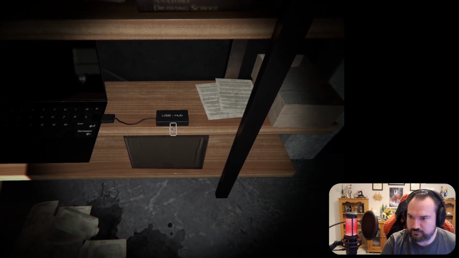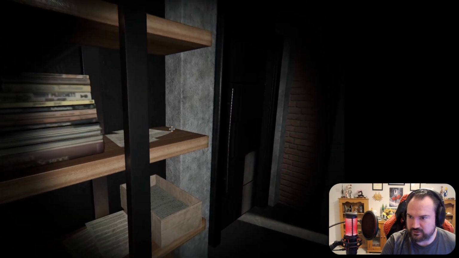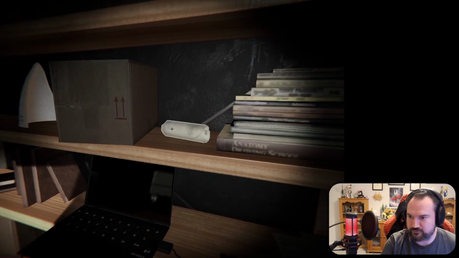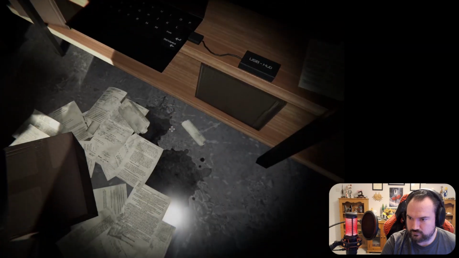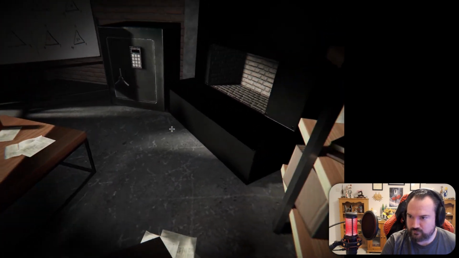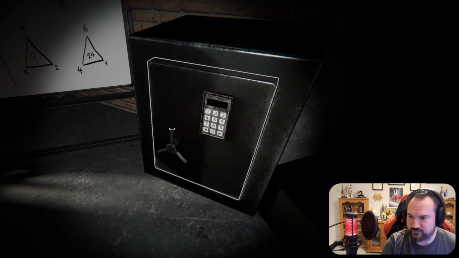We've got a USB hub, which is missing a USB key. We've got several papers on the shelf. We're going to make a mess of this room very quickly.